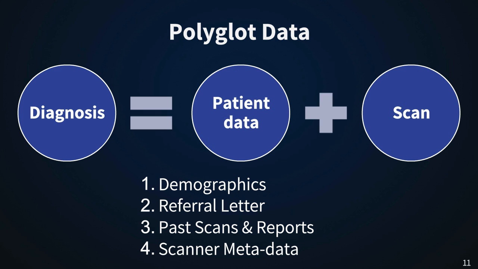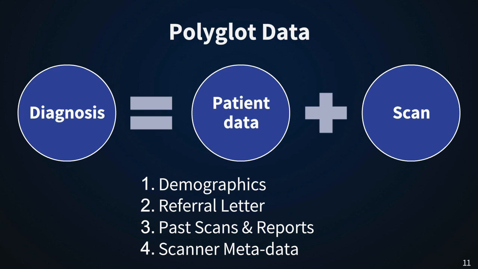We have other images, which are the past scans. Maybe that patient had previous scans that he underwent a year ago, or 5 years ago, or 10 years ago, or an hour ago, and we can take them all into consideration. And they really can help us. And the reports, the textual, unstructured reports written by radiologists on these scans.